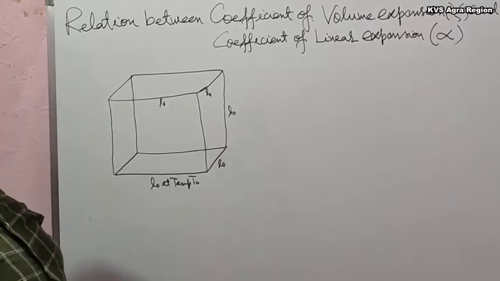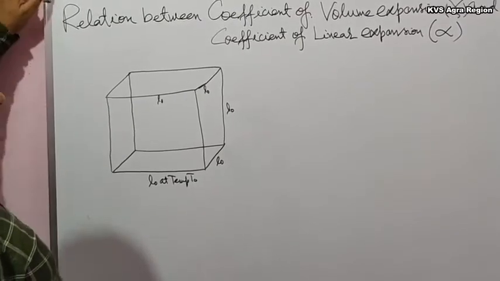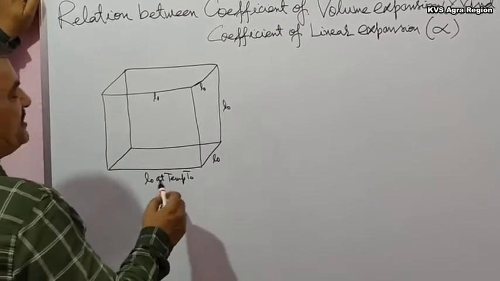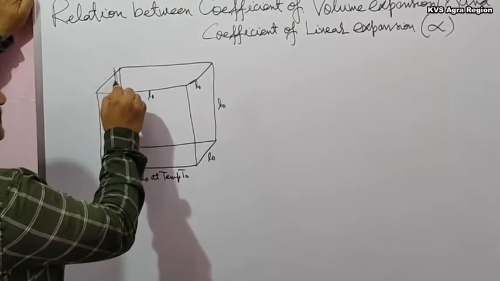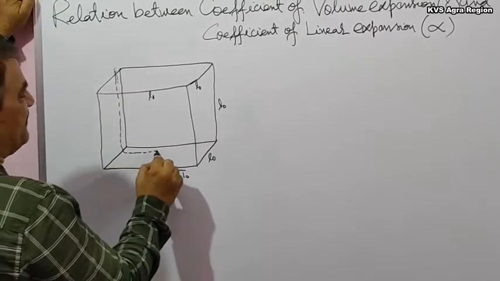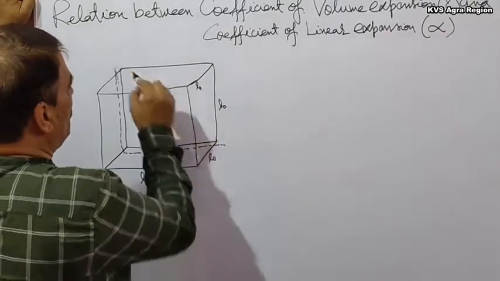So at that time the temperature is T0. When temperature is increased from T0 to T, what will happen? The cube is heated, so there will be expansion in all its sides.